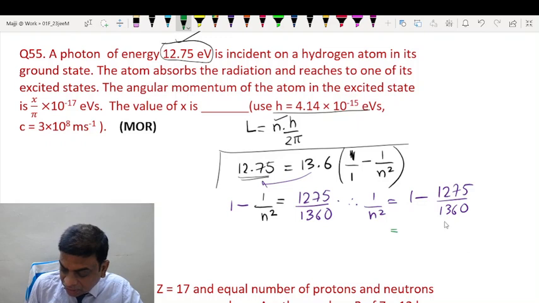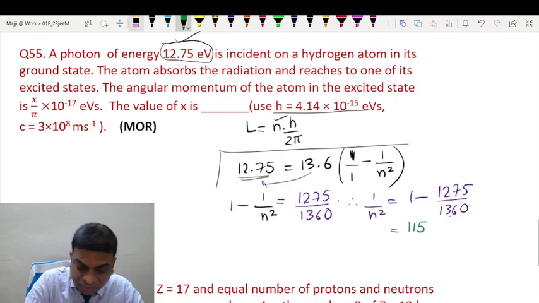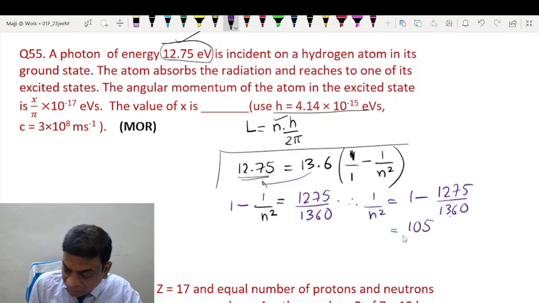So if we subtract 1360 minus 1275, 60 plus 25, sorry, 105. This will be 105 upon 1360. Let us cancel with 5. 5 7s are 35, 5 2s are 10.